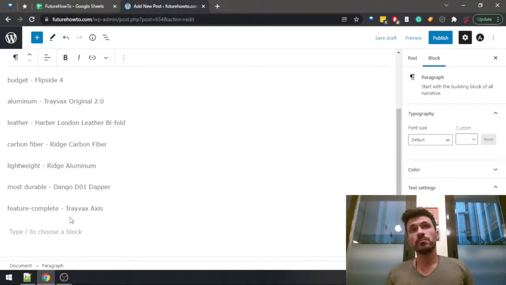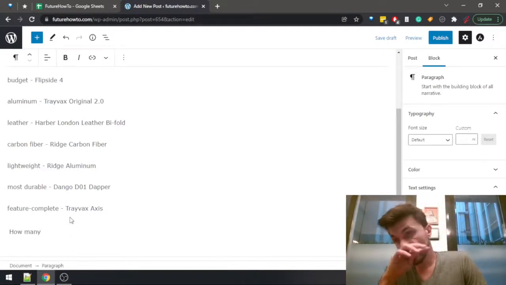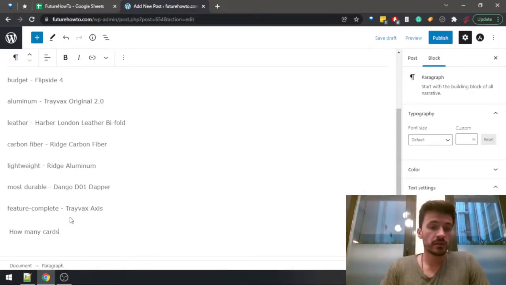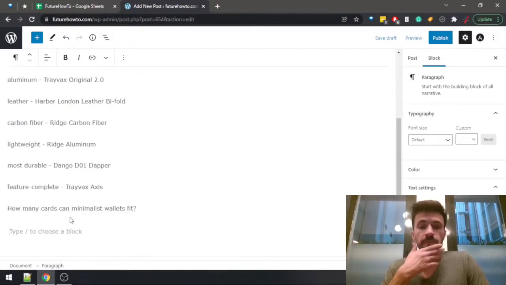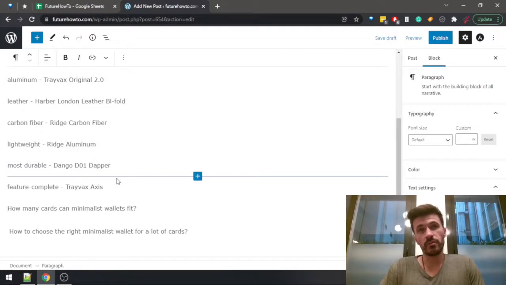So usually it's gonna be a few questions, maybe how many cards can minimalist wallets fit? Maybe something like how to choose the right minimalist wallet for a lot of cards. This is probably gonna be a question that some people will have.